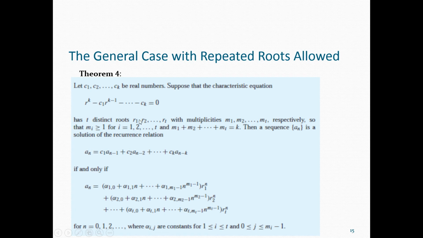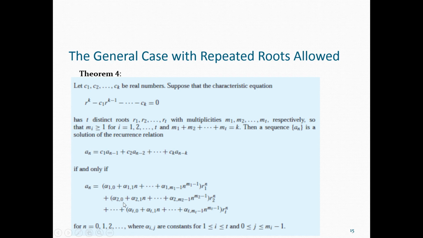Similarly, r2 has multiplicity m2. That is, r2 is repeated m2 times. So plus alpha_{2,0}. That is, we are talking about r2.